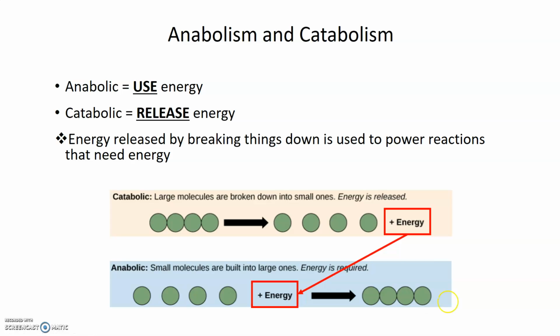And so this coupling of the release of energy from catabolic reactions to power anabolic reactions is one way that your cells can recycle that energy and use it to survive and do all of the necessary reactions for their metabolism.